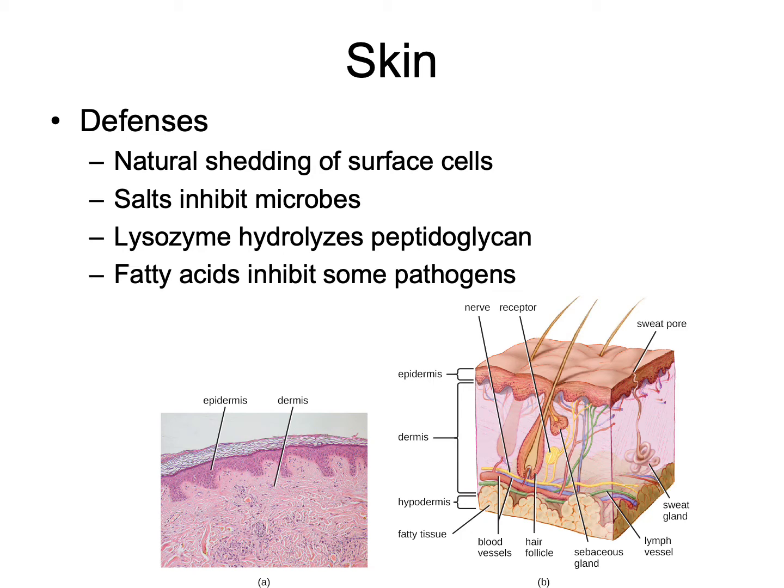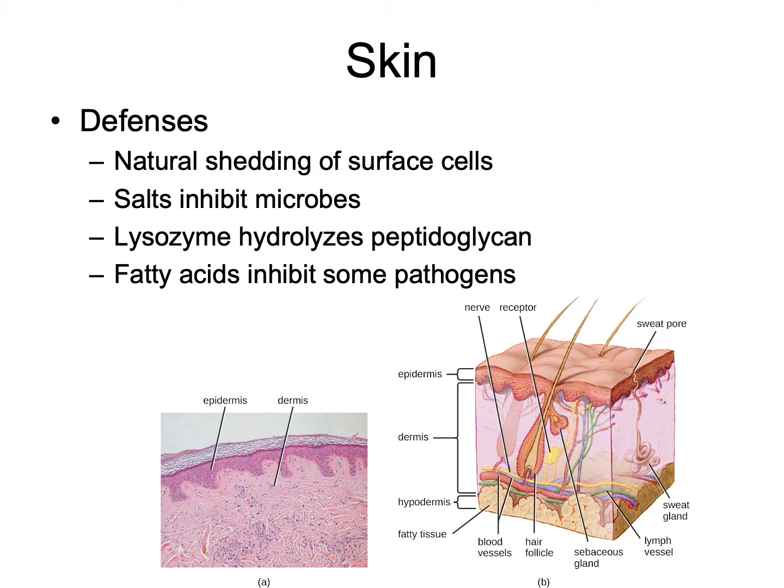On the surface of our skin, we have a normal microbiome of staph. We do have staph on our skin because it's salt-loving. Our sweat is salty, and some good bacteria like salt. Remember, staph likes salt. But our salty, sweaty skin is also antimicrobial.